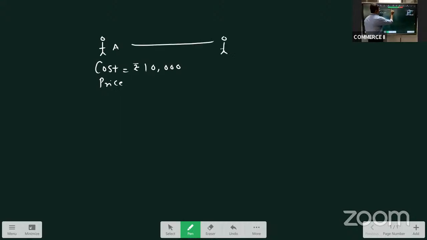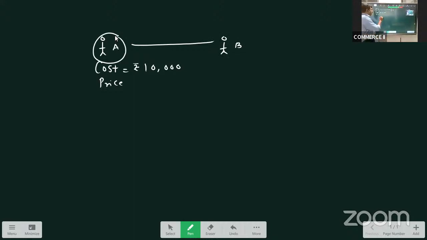See, suppose the value of goods consigned by the consignor is, let us say, 10,000 rupees. This is the cost price of the goods sent by consignor A to B, right? Sometimes the consignor does not want the consignee to know what is the actual profit he is making.